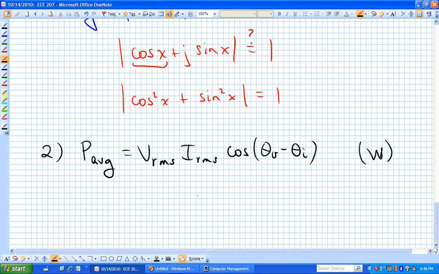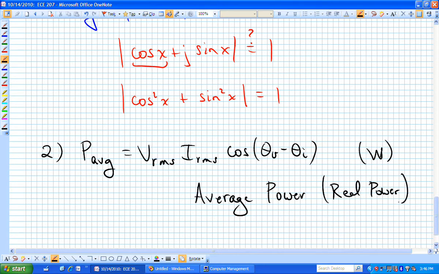And we may call that the average power or the real power. And you could think of that as the real part of that complex power S bar.